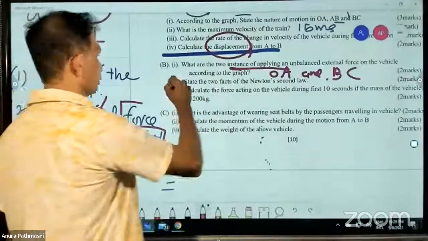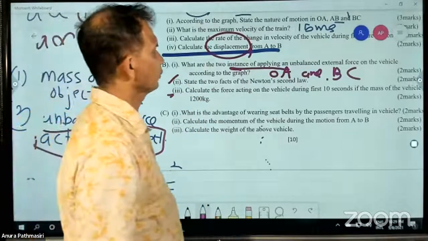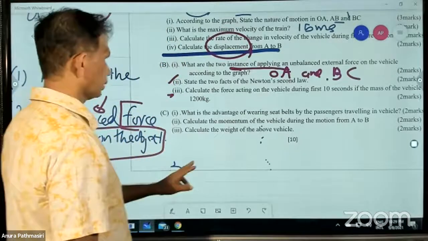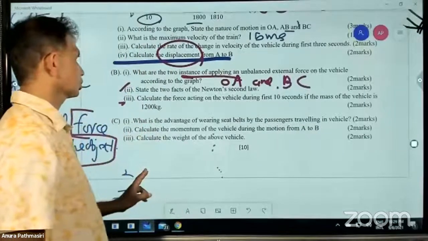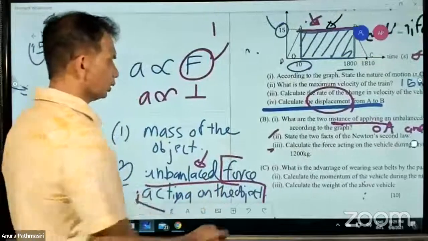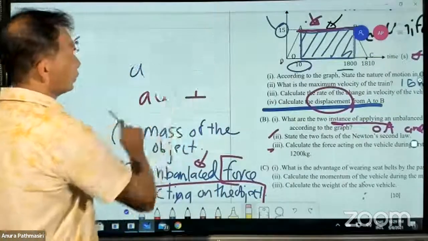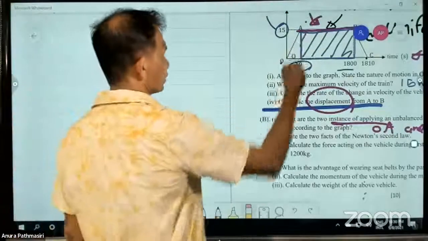Then calculate the force acting on the vehicle during the first 10 seconds, if the mass of the vehicle is 1,200 kilograms. Now, according to the graph, we know the acceleration.